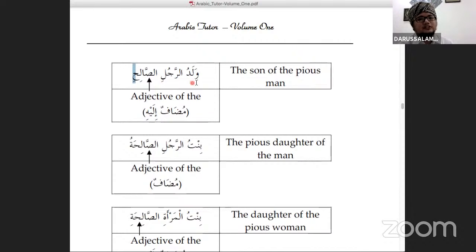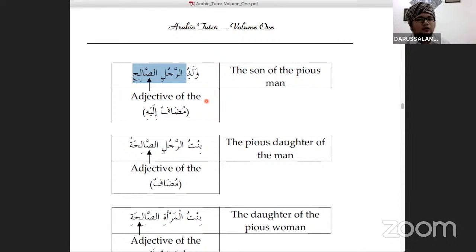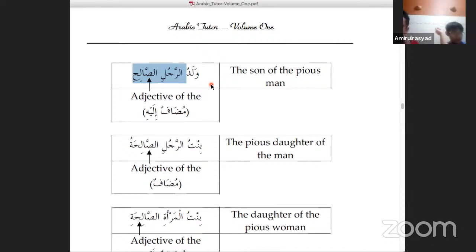So, when you translate that, you said the son of the pious man. Okay, try and translate that first, okay? Ar-rajuli as-salih. Try and translate that. The pious man. The pious man, you see? Waladur rajuli as-salih. The son of the pious man. Easy? Senang tak? Yes. Senang je kan?